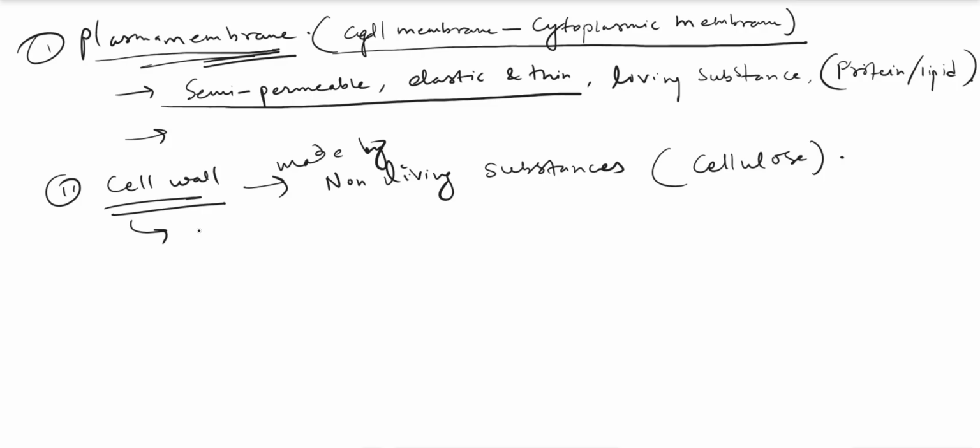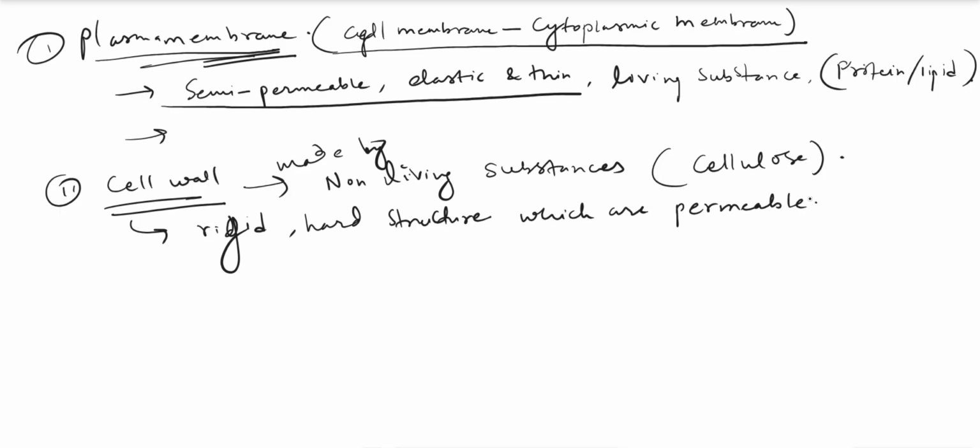The cell wall is a rigid and hard structure which is permeable. Permeable means it allows all the substances to enter or go out of the cell.